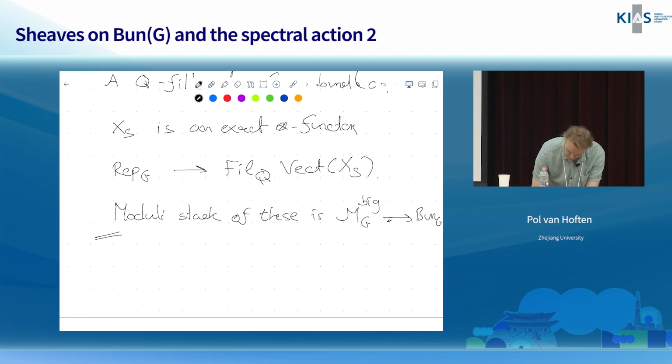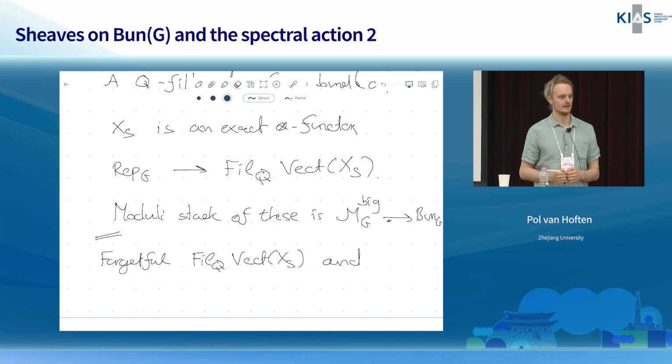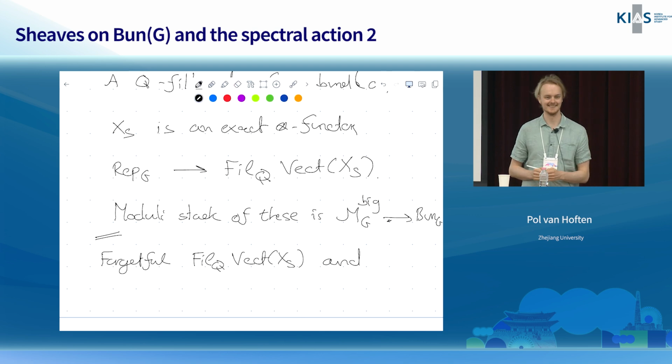This functor we've already seen. It sounds a bit scary to me. I guess I just invented M big last week. If you want to prove that, that'd be nice.